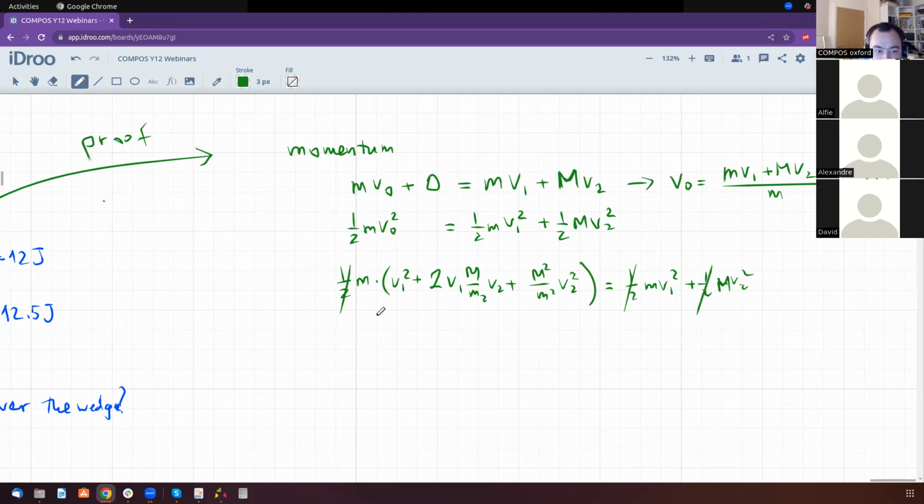Makes life slightly easier. Open the brackets. So m v1 squared plus 2 M v1 v2 plus M squared over m v2 squared is equal to m v1 squared plus M v2 squared.